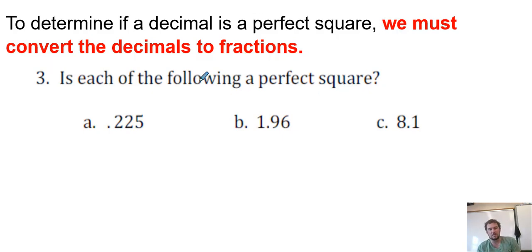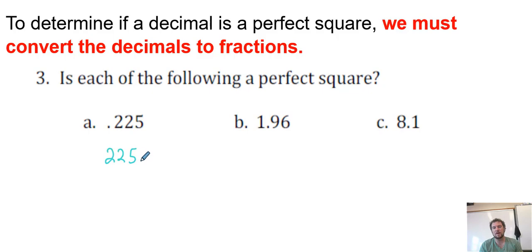We can determine if a decimal is going to be a perfect square. To determine that, what I suggest is writing the decimal as a fraction. Once I have the fraction, I just have to ask myself, are the numerator and denominator perfect squares? So 0.225, how do I write that as a fraction? First we figure out the whole number: not 0.225, it's 225.